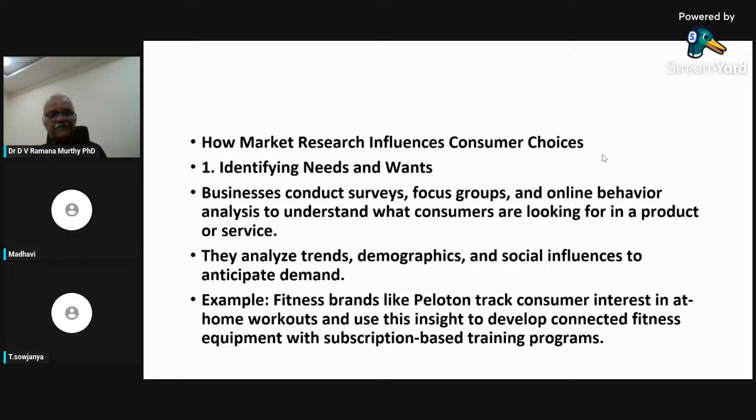See, in every example which I am suggesting here, I want you to capture the very important point of understanding the consumer first, and the consumer preference trends. Because you're not the only manufacturer or service provider, there are other competitors. We need to study other competitors also.